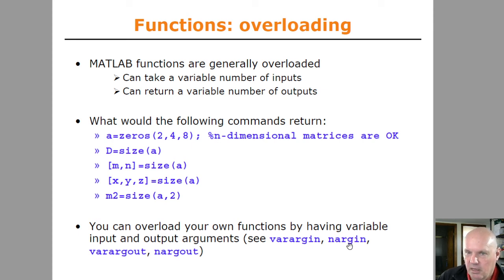Often when you're writing functions that take multiple input arguments, you'll look at nargin to determine whether you're being called with one, two, or three input arguments. And similarly, nargout is an integer variable equal to the number of output arguments the user is requesting.